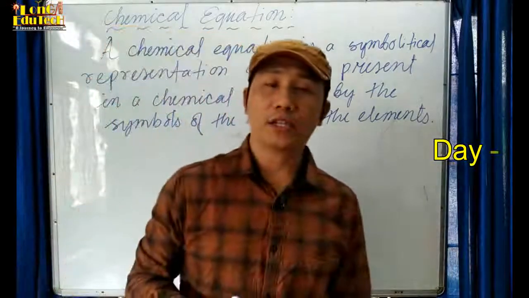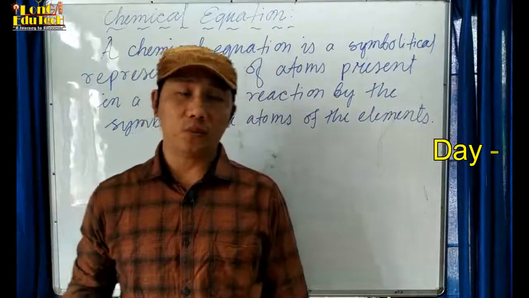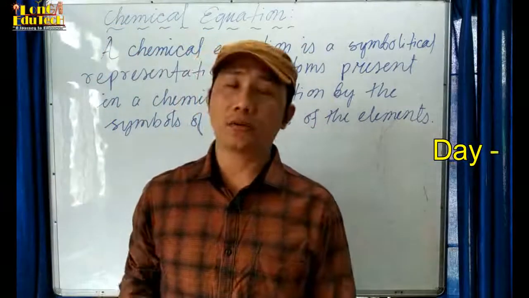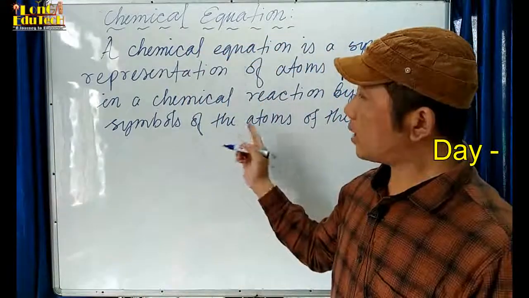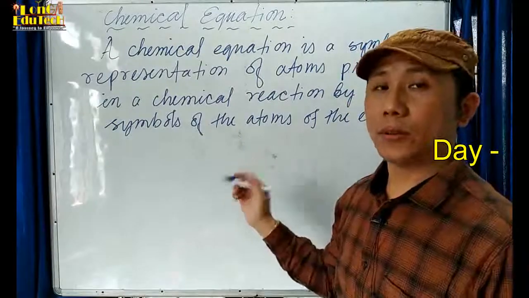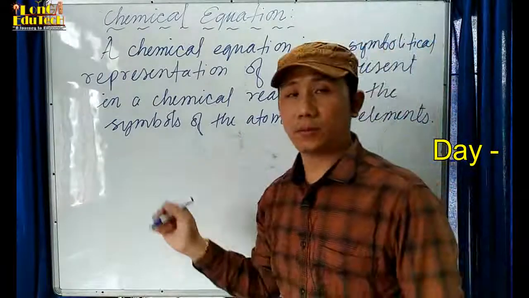So a chemical reaction may be given in terms of words. Here in the chemical equations, we are going to represent all the names of the atoms by the symbols of the atoms.